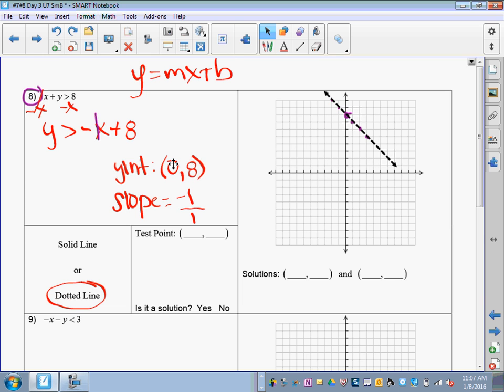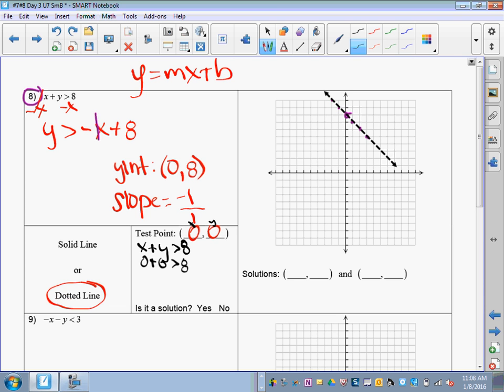All right, so let's go ahead and do a test point. Is 0, 0 on the line? Let's use it. That's the easiest one. My equation was x plus y is greater than 8. Here's my x, here's my y. 0 for both.